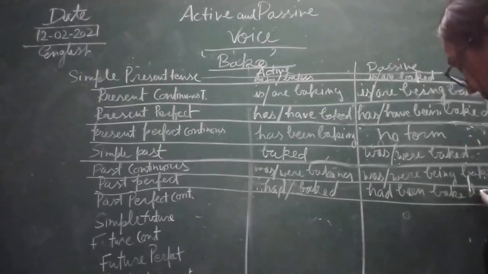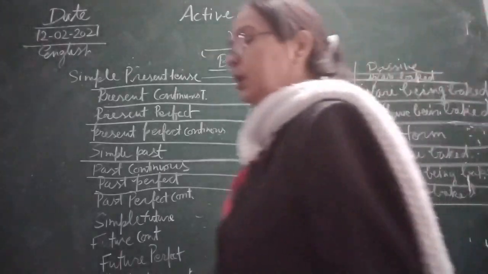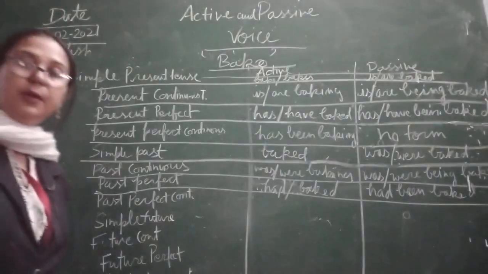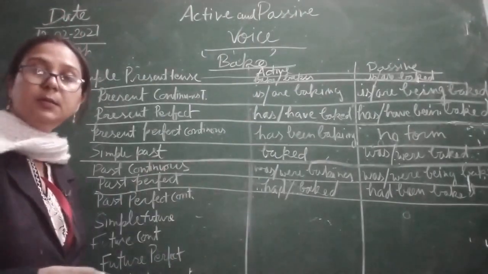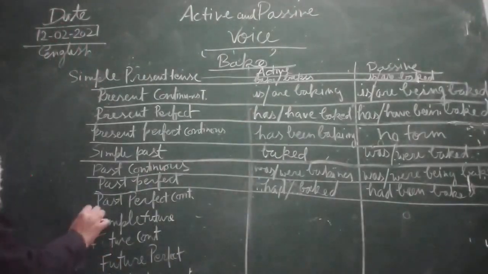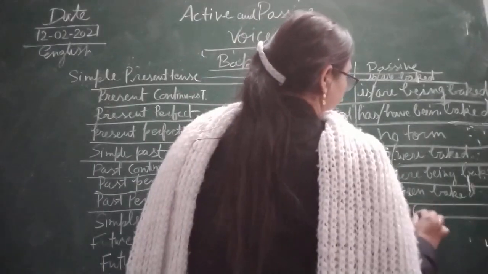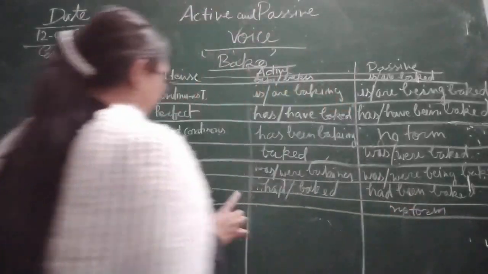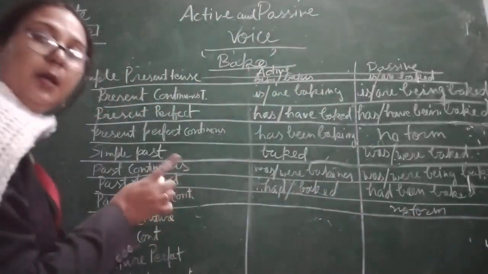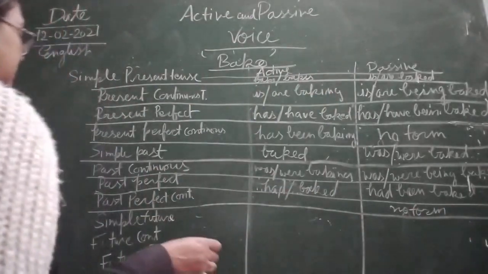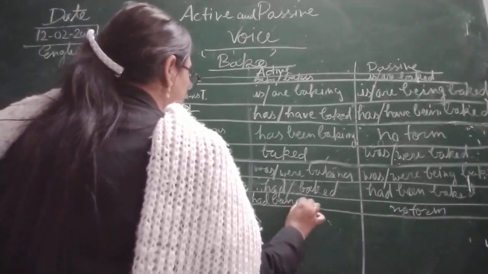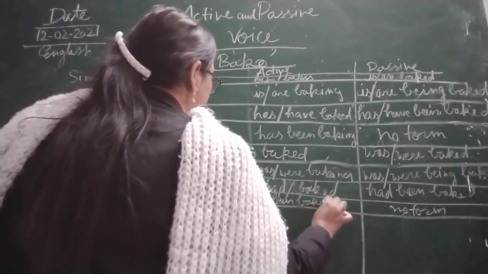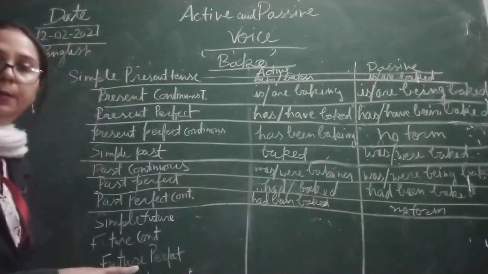Had been baked. Okay. Now as you all know, in the present perfect continuous tense we are not making any passive voice. So in the same way this will also have no form in the passive voice, but we have to learn how to write it in the active voice. So for this, had been baking will be there.